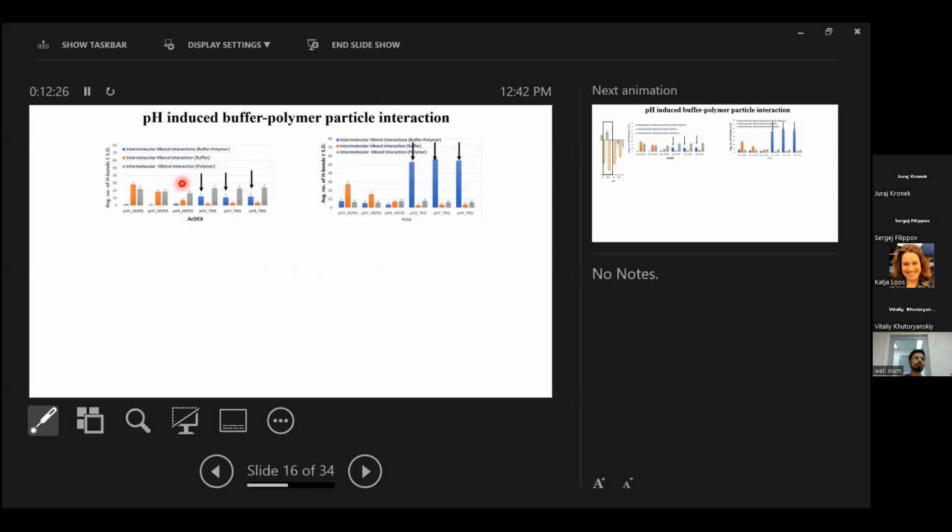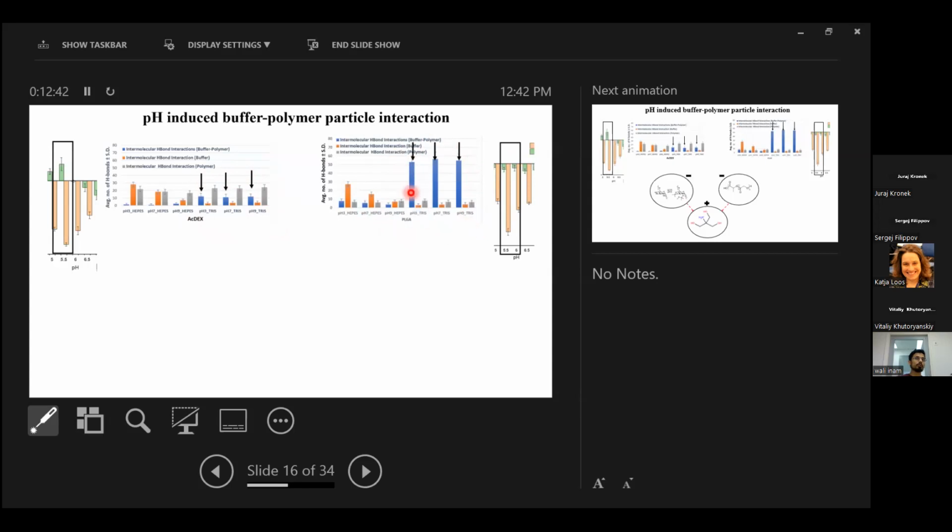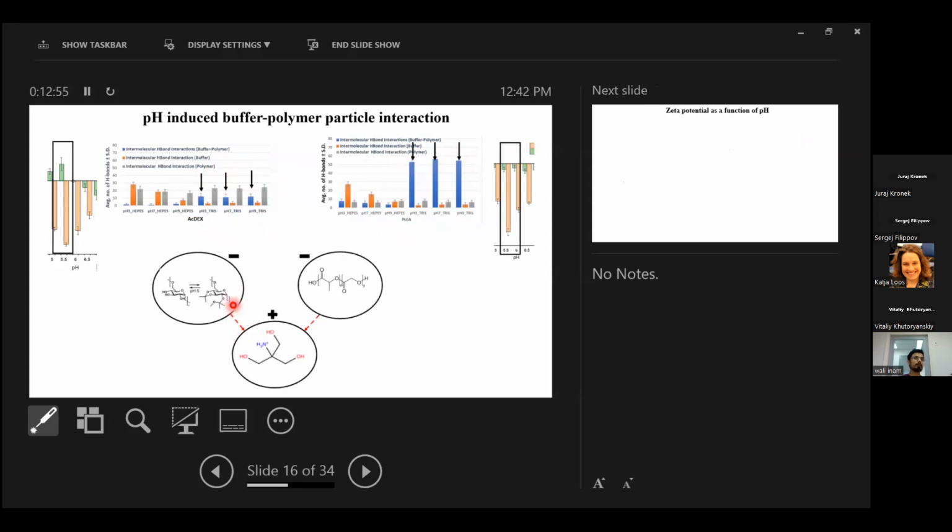We clearly found that Tris has the probability to make more hydrogen bonds with this AcDEX polymer, and also with PLGA, the number of hydrogen bonds was higher with Tris. So we speculated that because Tris has more probability to interact, it suppresses or caps the negative charge groups which are expressed on the AcDEX or PLGA, particularly in PLGA, where it has a carboxylic group at the terminal end. So this was the case.